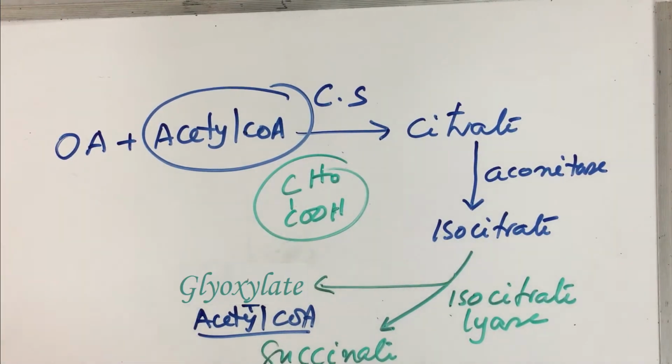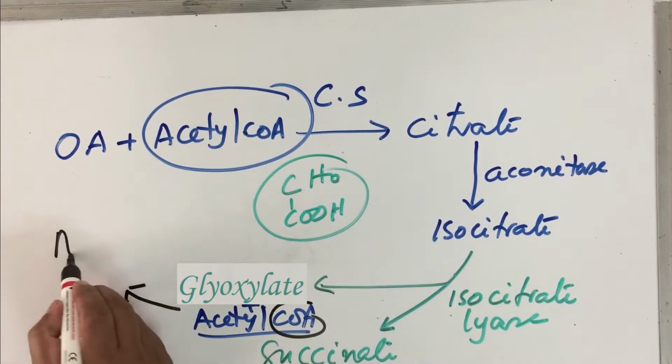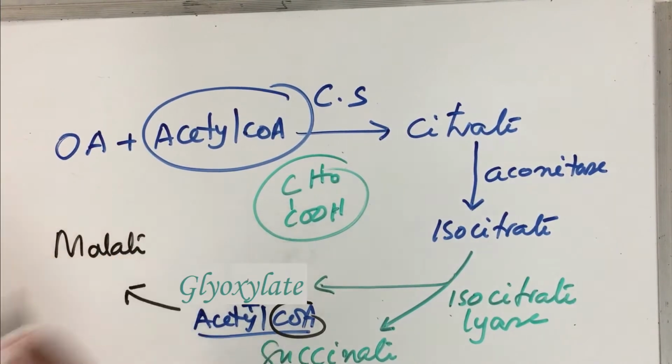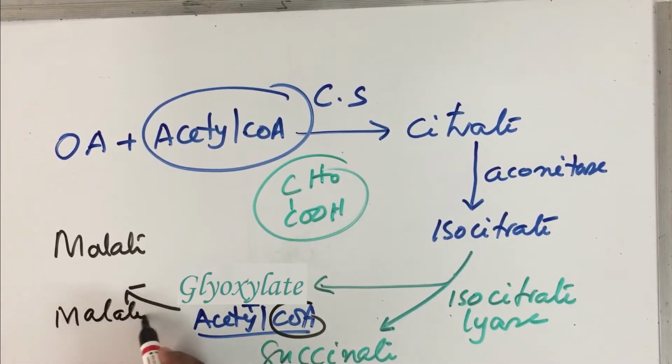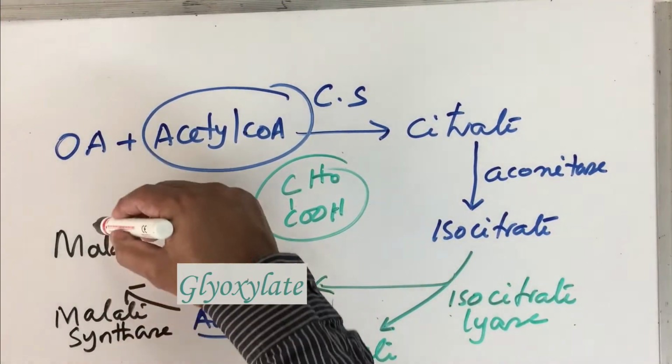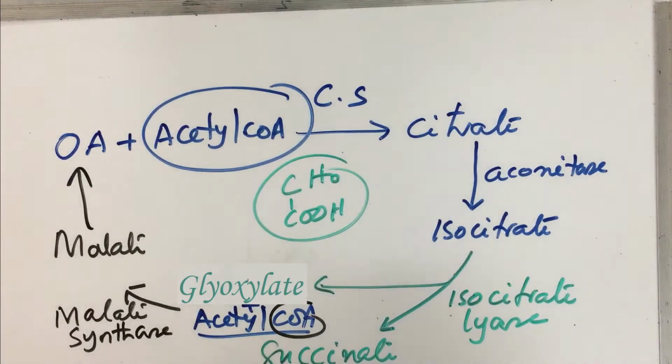Now what happens? The CoA will be removed and this will be converted to malate. Malate is also another intermediate in the TCA cycle. This is by another enzyme, malate synthase. Now malate will be converted to oxaloacetic acid, and this is basically the glyoxylate cycle.